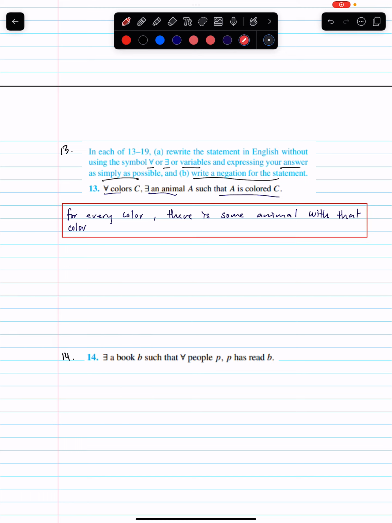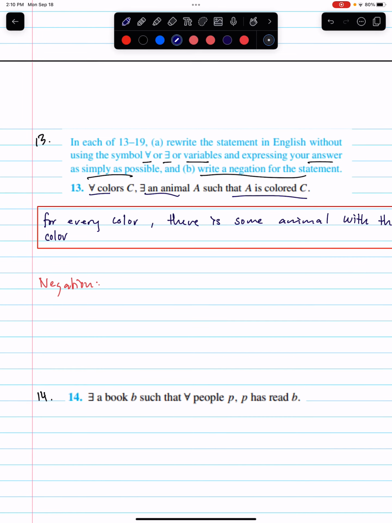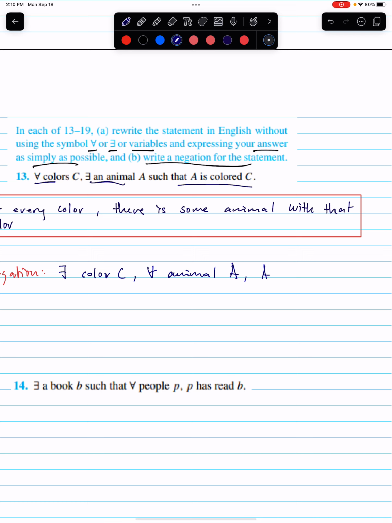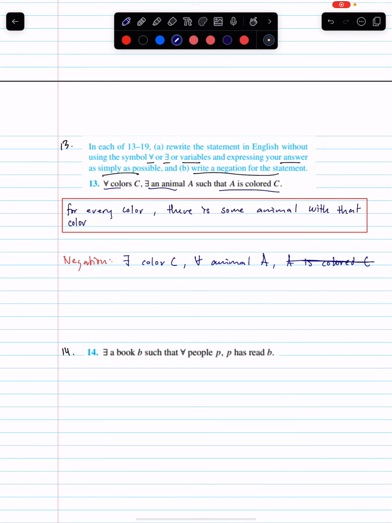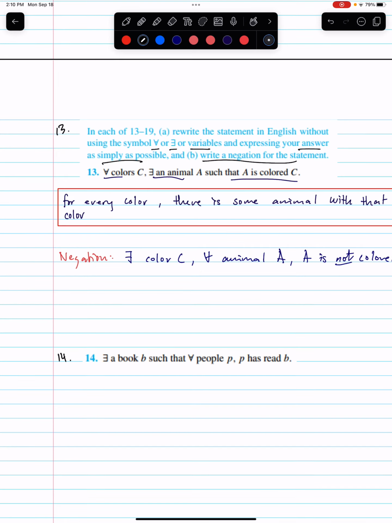So the negation would be: there exists some color C such that for every animal A, A is not colored C. So we'll write this out.